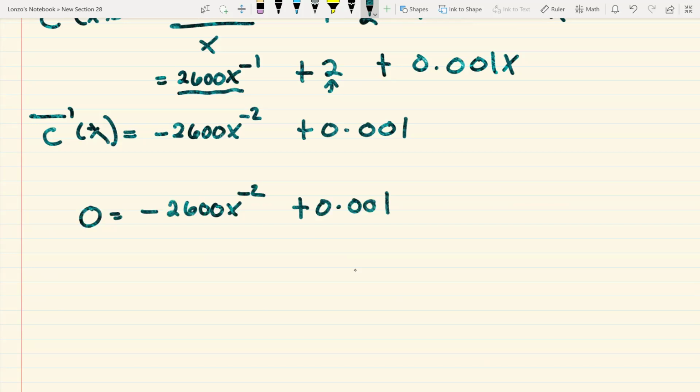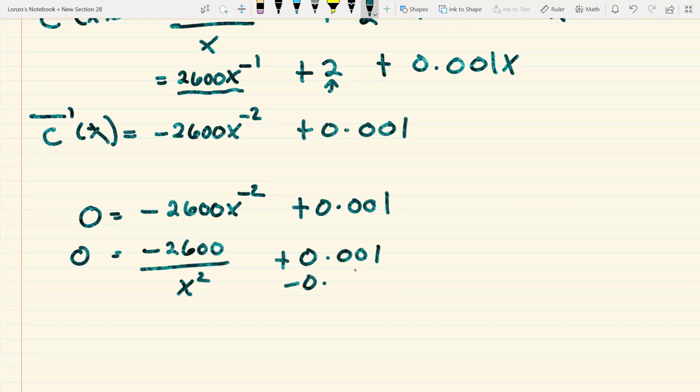And go ahead and try to solve for x. This -2,600 x to the -2, I can rewrite as -2,600 over x squared. Then just move this 0.001 to the left by subtracting.